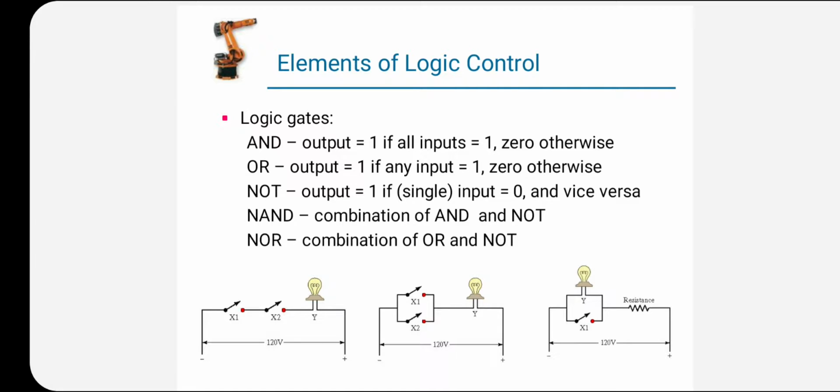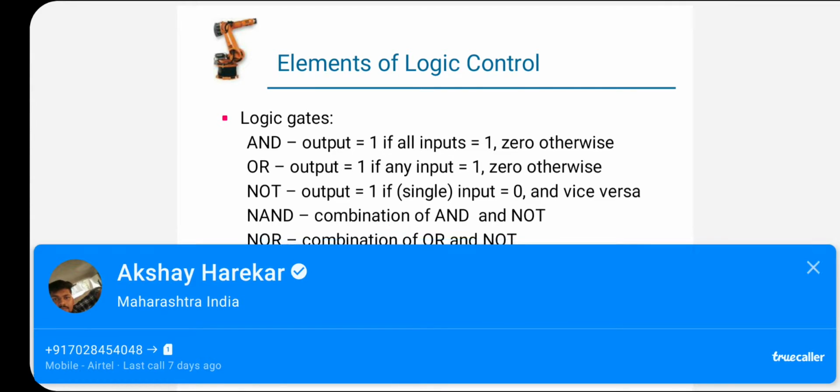It is an AND, meaning all inputs are 1, then only the output is 1. Otherwise it is 0. If X1 is 0 and X2 is 1, then the output is 0. If X2 is 1 and X1 is 0, then also the output is 0. This is an AND gate.